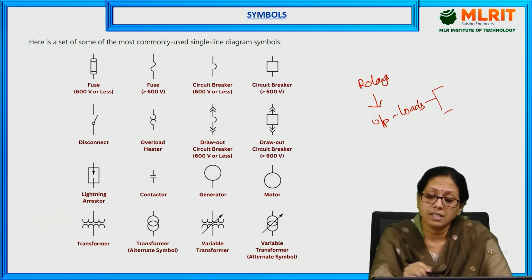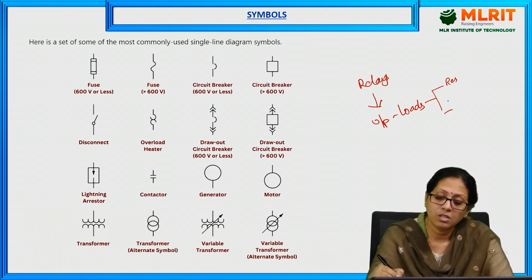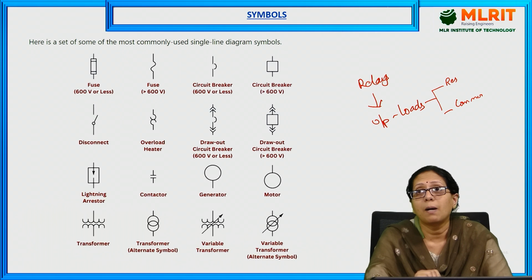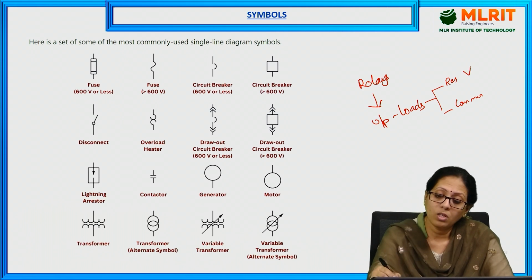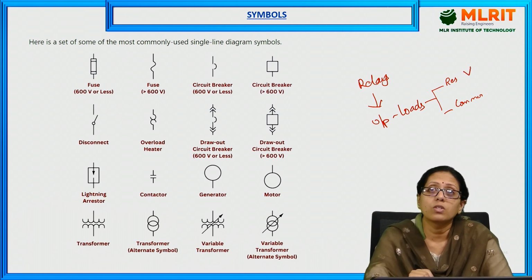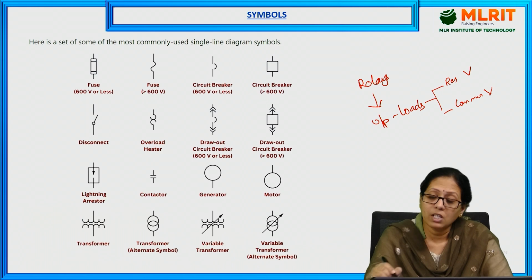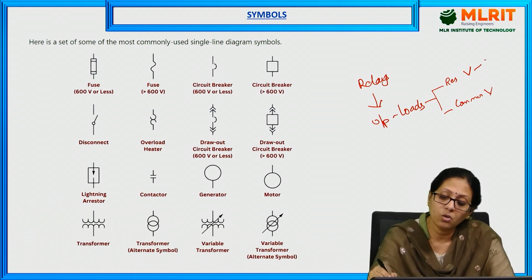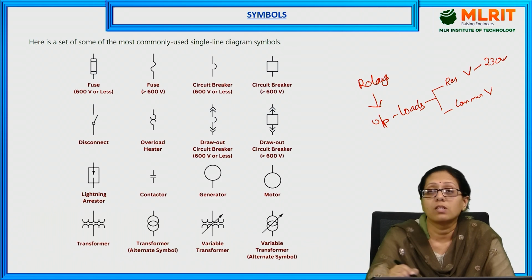Here we can consider residential loads or commercial loads. The voltage for residential loads is different, and the voltage for commercial loads is different. For residential loads, around 230 volts is enough.